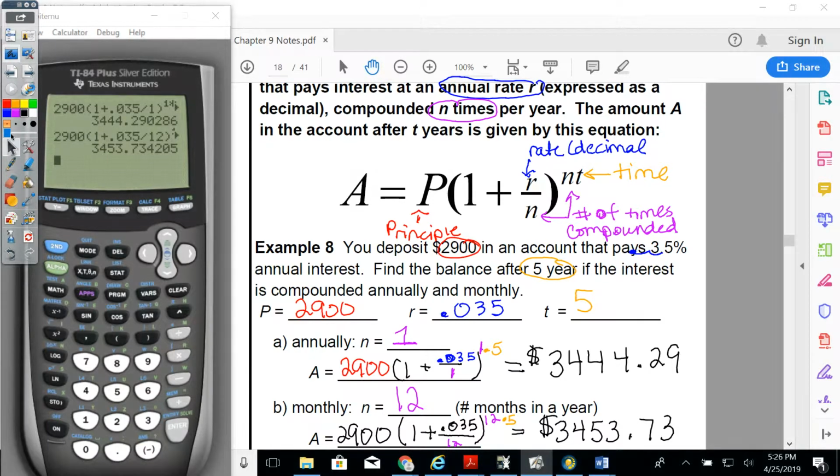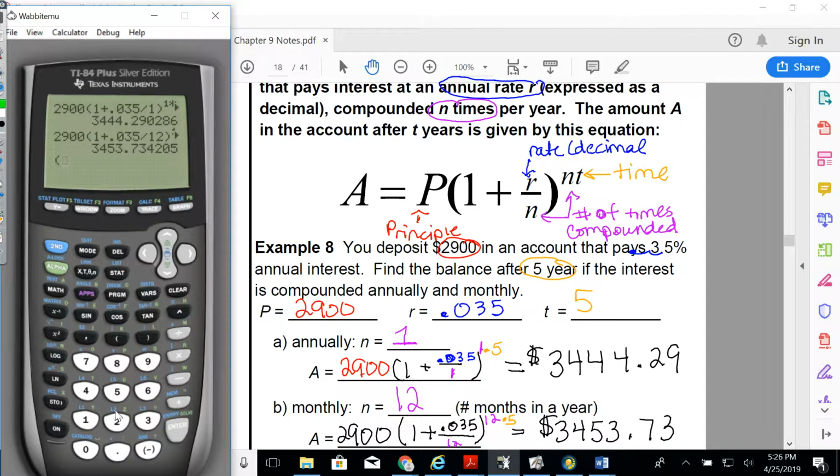So the reason I say it's better to type it in all at once, you would do the parenthesis part first if you're doing order of operations. So 1 plus 0.035 divided by 12. You get a number that if you were to round it, it would round to 1. And that number, if it's 1, it's not going to change. It would be the 2,900 always.